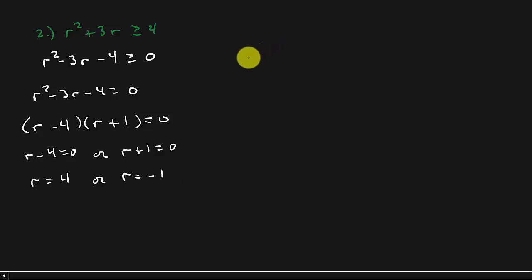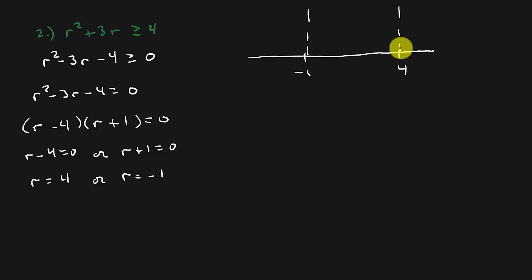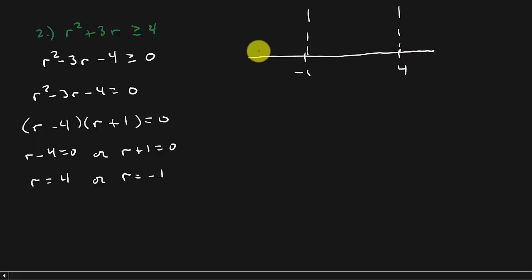And so what we want to do now is plot these on the number line. And that's going to break this up into 3 regions again. So now I need to choose a number from each region. How about r equals -2, r equals 0, and r equals 5.